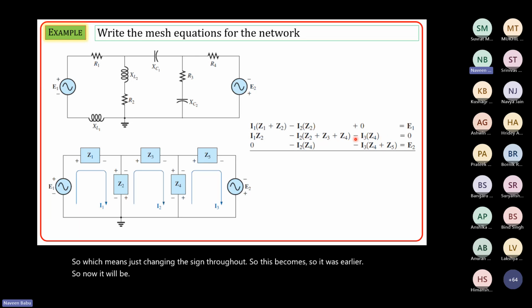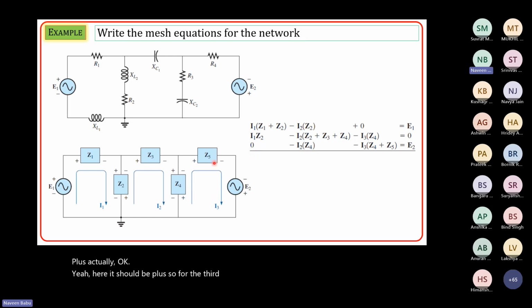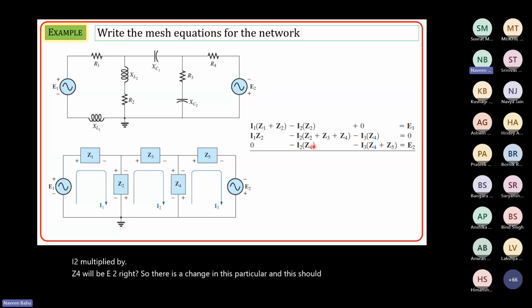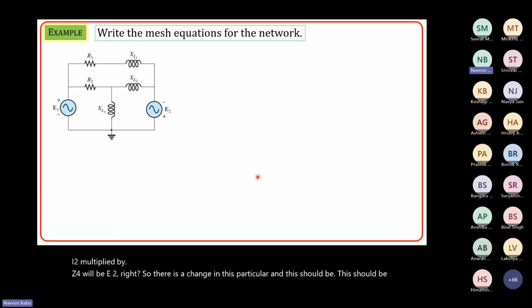For the third loop, it is I3 multiplied by Z5 plus Z4, minus I2 multiplied by Z4, will be equal to E2. There is a change in this particular sign; this should be plus. So these are the loop equations.